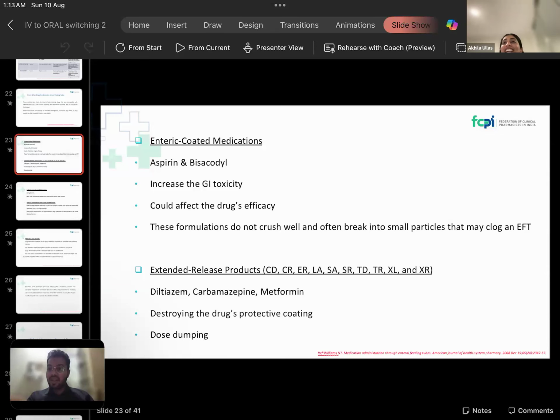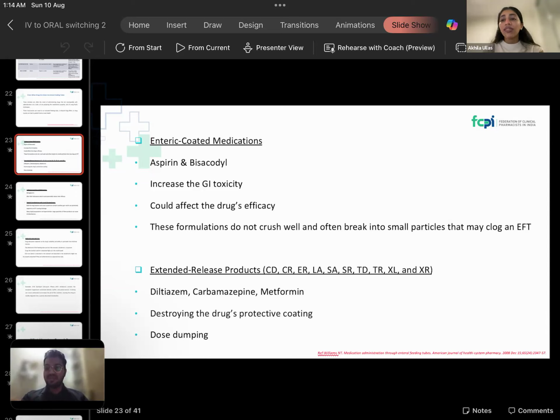Sometimes it affects the absorption and efficacy of the drug. I have seen some of our staff mixing the tablets plus the syrup in the same mortar and pestle, crushing and mixing with some water, and giving it through the tube. It's an inappropriate way of giving medications.